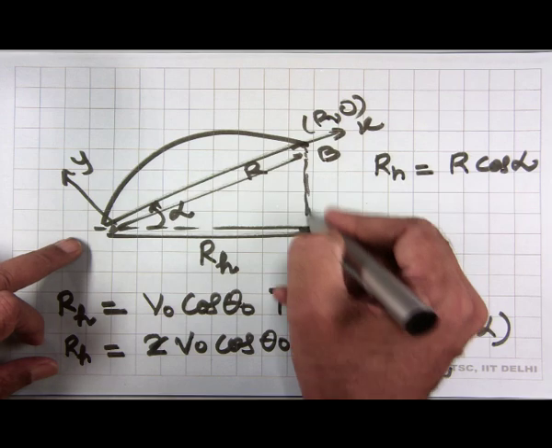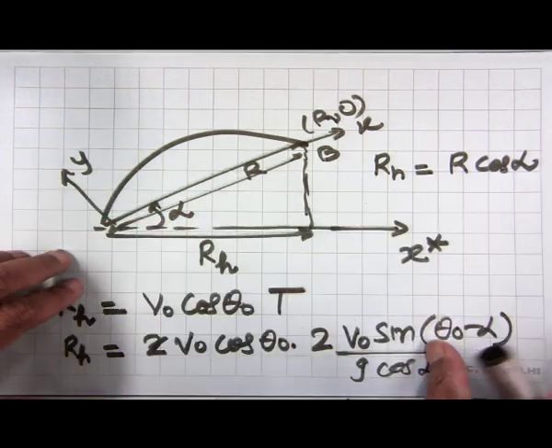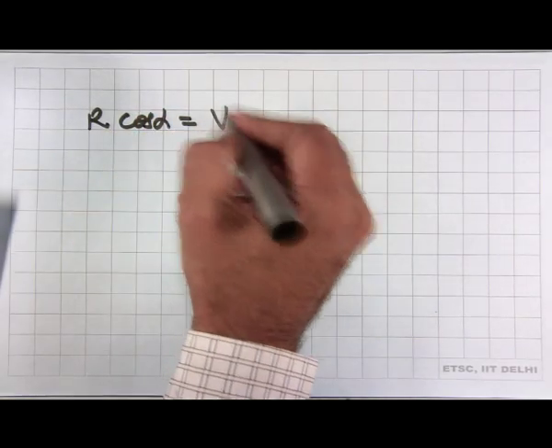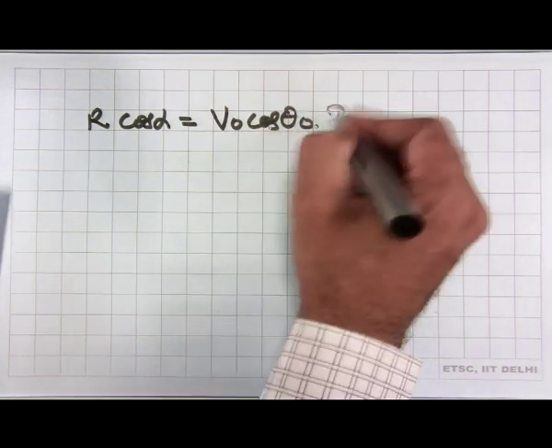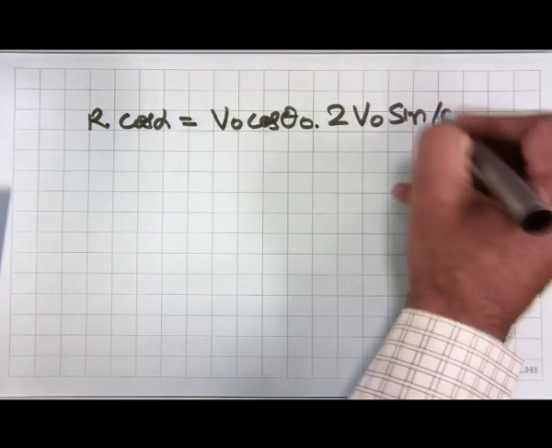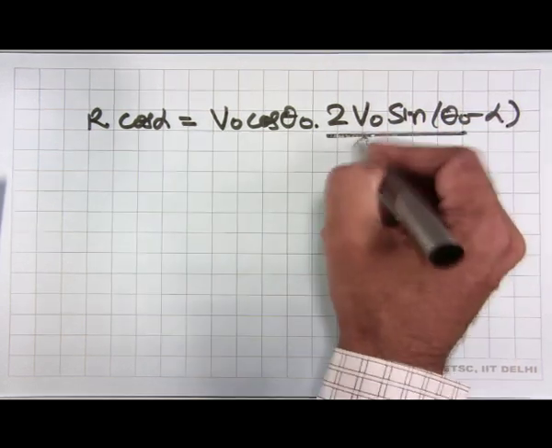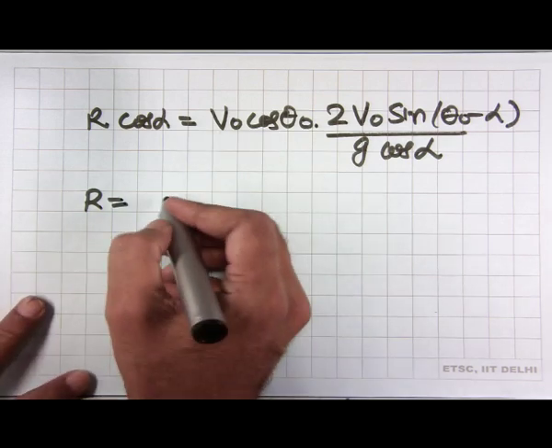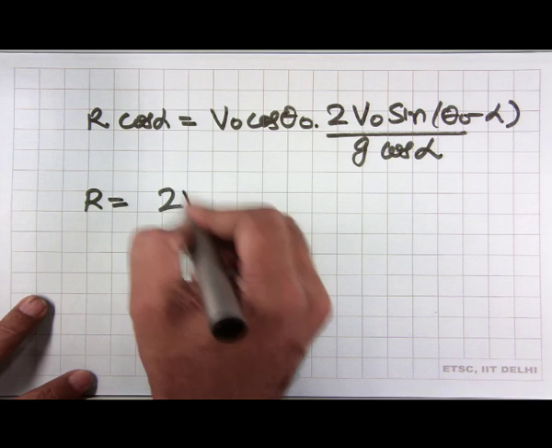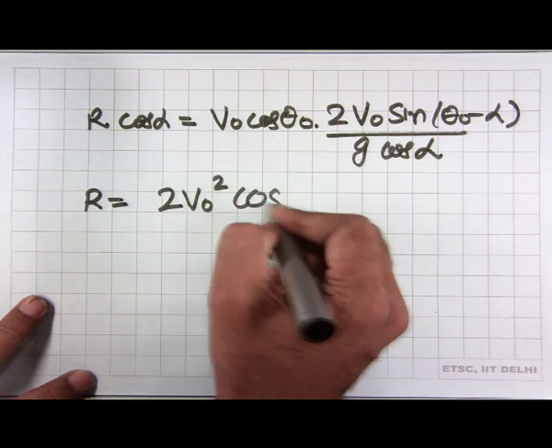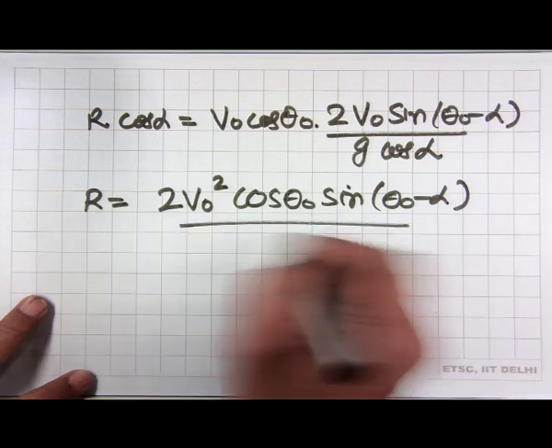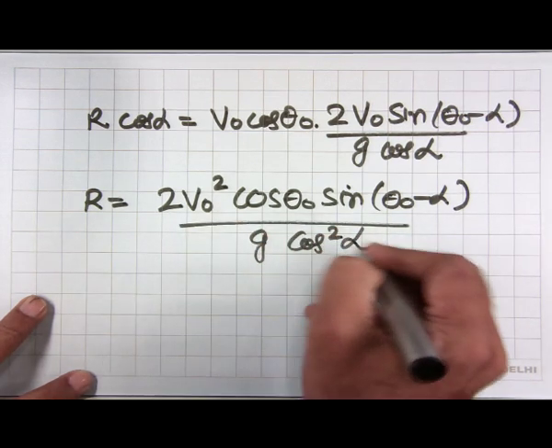It is clearly obvious from this figure, R cos alpha is equal to R sub h. So R cos alpha is equal to v0 cos theta 0 into 2 v0 sin(theta 0 minus alpha) divided by g cos alpha, and this gives me an expression for R, which, if I simplify, is 2 v0 squared cos theta 0 sin(theta 0 minus alpha) divided by g cos squared alpha.